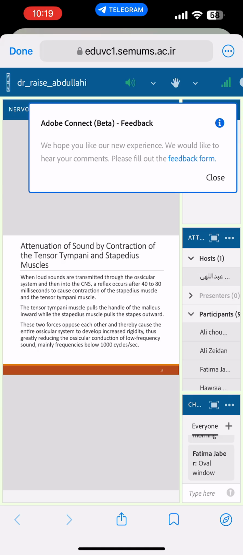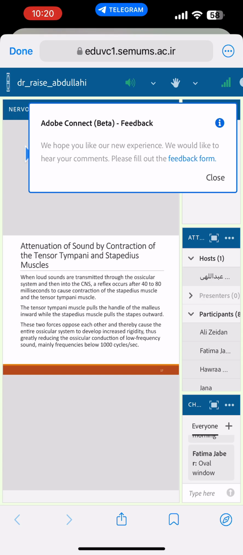Attenuation of sound by contraction of the tensor tympani and stapedius muscles. When loud sounds are transmitted through the ossicular system and then into the CNS, a reflex occurs after 40 to 80 milliseconds to cause contraction of the stapedius muscle and the tensor tympani muscle.